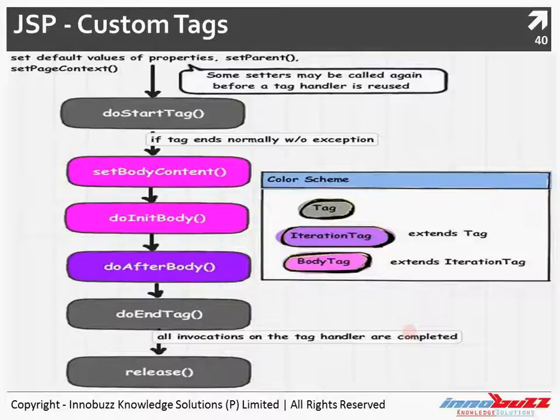As you can see, the iteration tags are in doAfterBody. For all these tags you can get this method, and BodyTag, which again extends IterationTag, will give setBodyContent and doInitBody. So by default these methods will be used for creating custom tags.